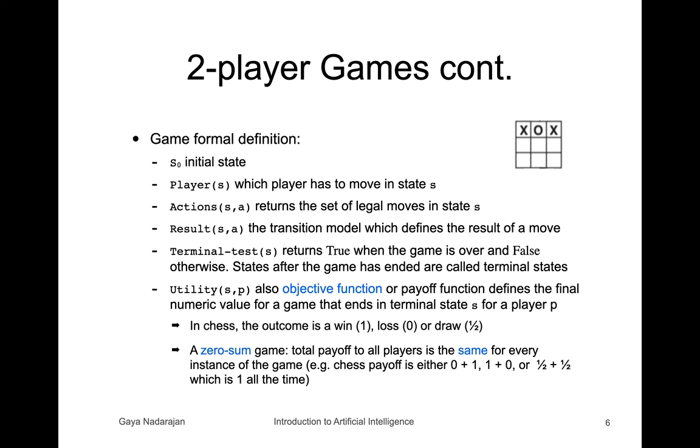Actions, A. This is going to return the set of legal moves in state S. So what are the legal moves that I can do in this state right now? Let's say in this state now, naught can do many things.